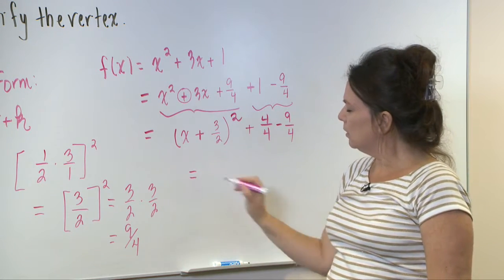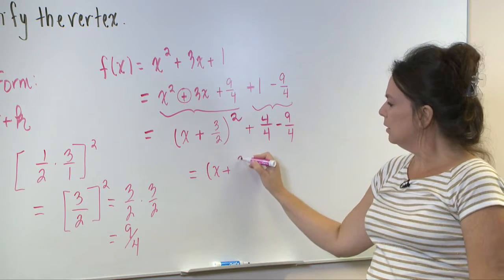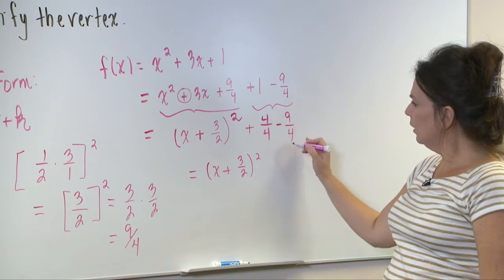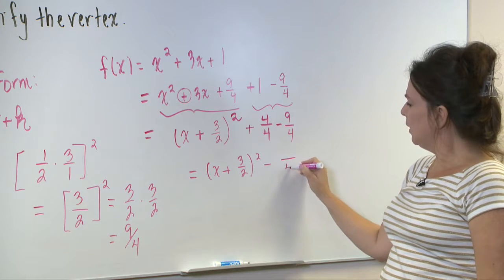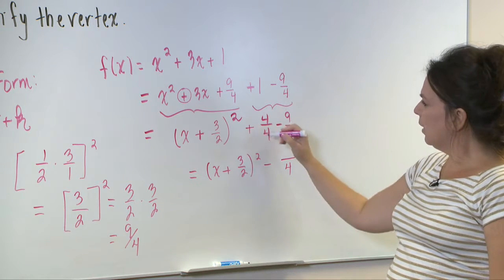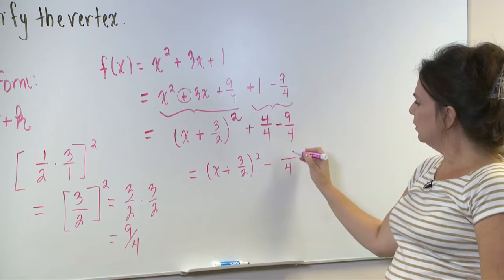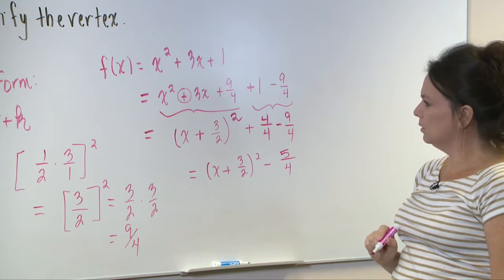So bringing this down an additional step, we have x plus 3 halves squared. Here we have a common denominator. So I'll write down the common denominator of 4, and I'm combining the numbers 4 and negative 9. So that's going to give us negative 5/4.